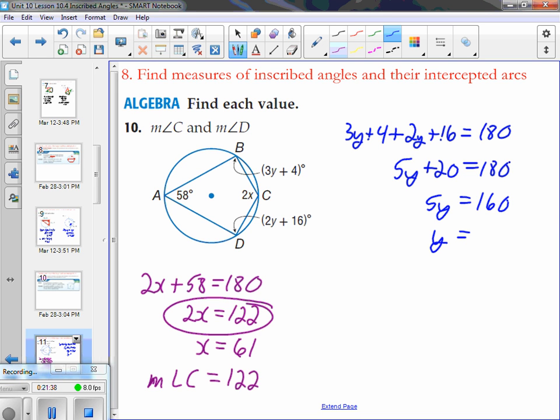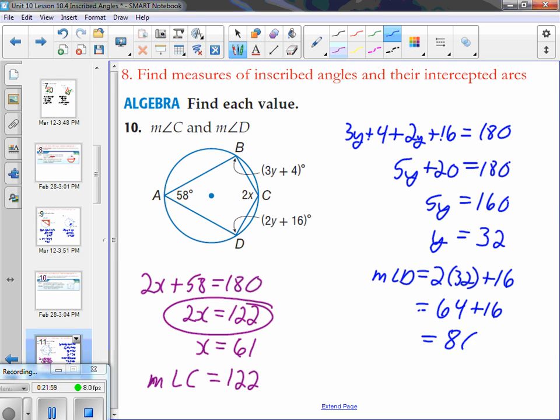Let's see, y is going to be 32. All right. Then the measure of angle D will be 2 times 32 plus 16. So that'll be 64 plus 16. That's right about 80. All right. Questions?